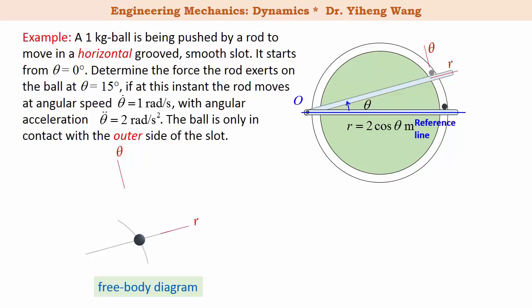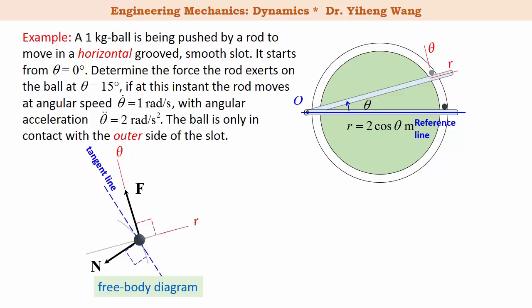It is subjected to the force exerted by the rod, which is perpendicular to the rod. Therefore, it is already in the transverse direction. Also, it is subjected to the force exerted by the slot. Because this ball is only in contact with the outer side of the slot, the normal force is normal to this path, perpendicular to this tangent line, pointing in this direction.